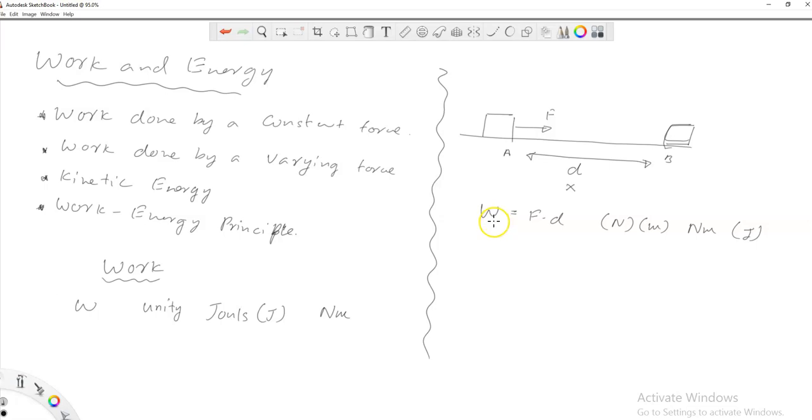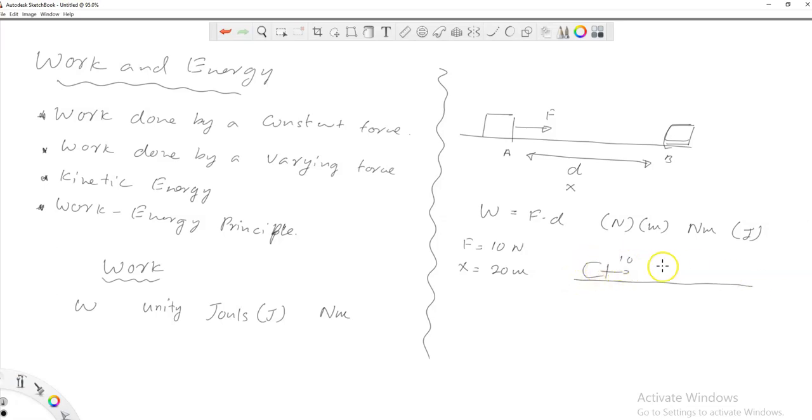So for an example, if you apply a force of 10 newtons to move this object, let's say there is no friction, it's a heavy object, but because there is no friction you can easily move it even with a small force, and it moved to a distance of 20 meters. So you keep this force constant throughout, from the starting point to the end point, right?